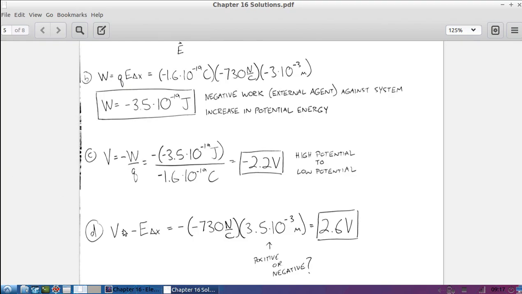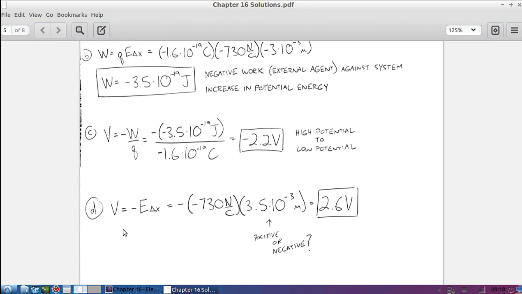So again, I've got a couple different ways I could do this. I could use delta U over Q, which is negative work over Q. I could also use E delta X, or negative E delta X. So I could use either one of these expressions to solve for C, as long as I took delta X to be the displacement of that particle.